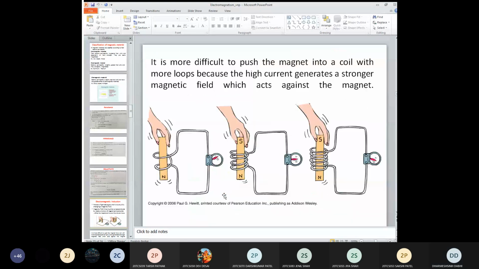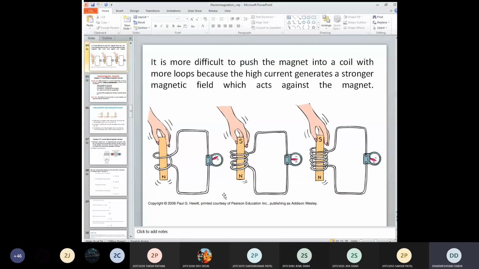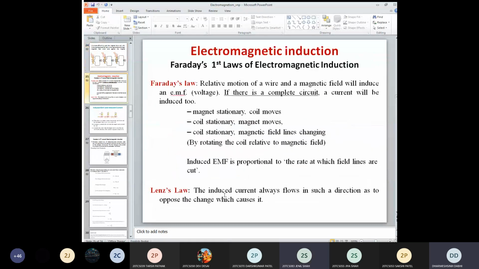As we have seen in the last lecture, in the video regarding electromagnetic induction, the galvanometer is deflected when you move the magnet inside the coil or when you move the coil near the magnet. I'm not going to detail this.